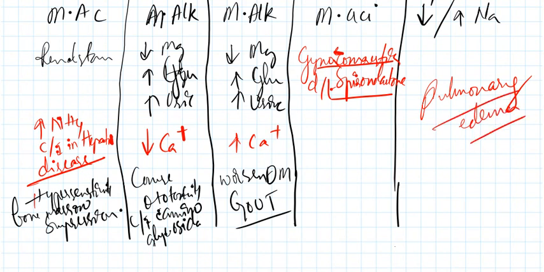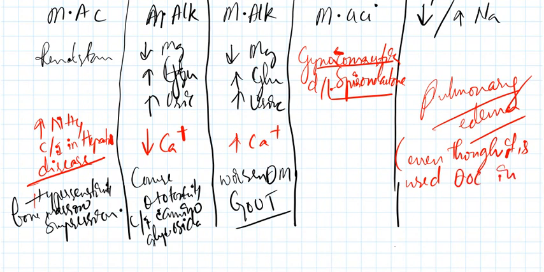Mannitol or osmotic diuretics cause pulmonary edema, even though, you see the logic, it is used as drug of choice in cerebral edema, but still it causes pulmonary edema. Very, very important. Thumbs up.